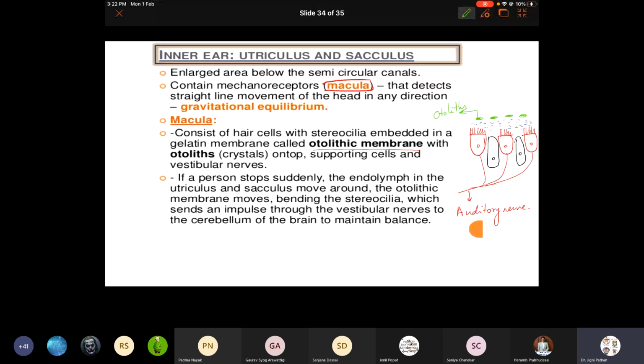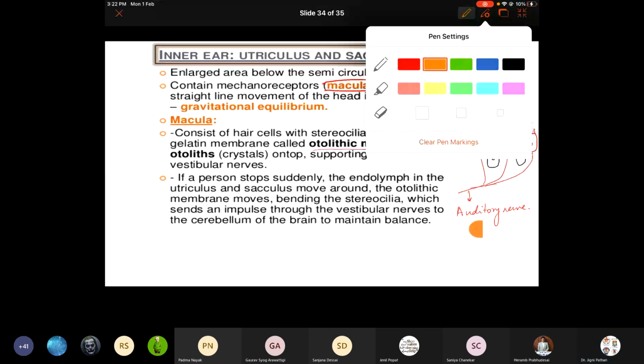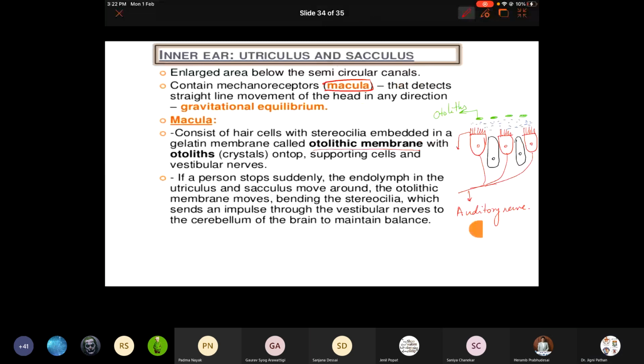These are stereocilia. These cells are supporting cells. So otoliths, the main function, they're the crystals. They help in balancing.